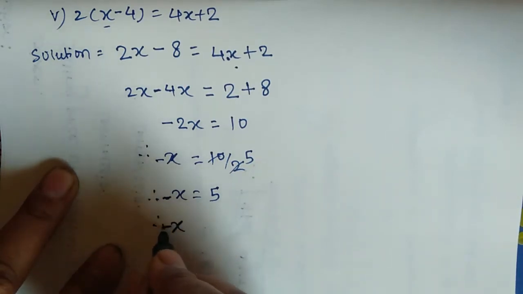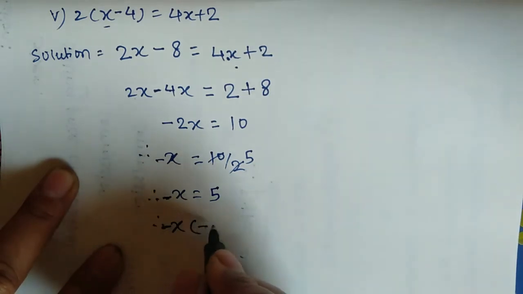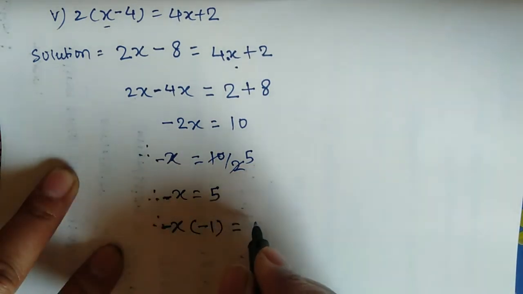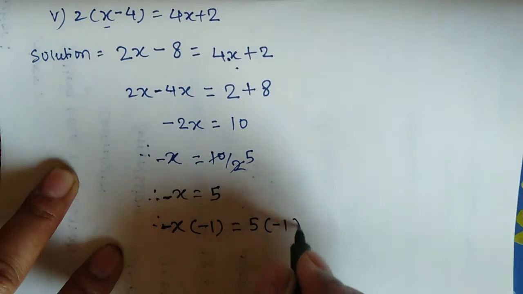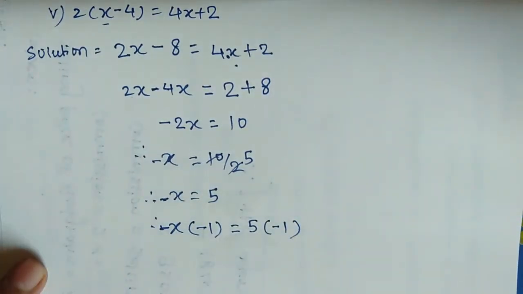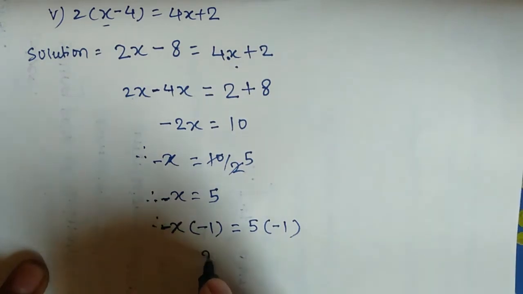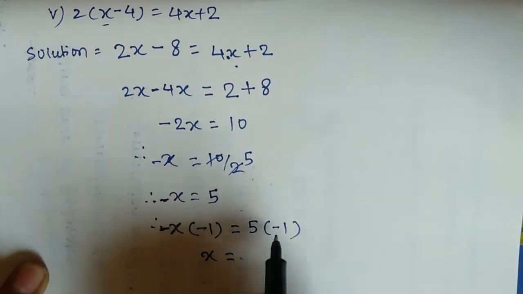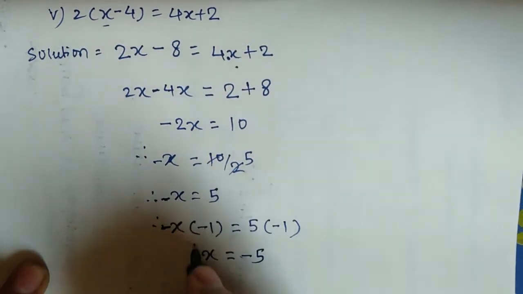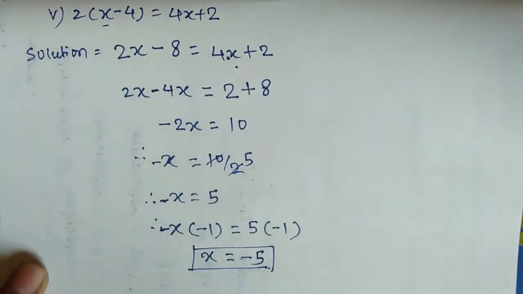So minus x multiplied by minus 1 is equal to 5 multiplied by minus 1. So minus x into minus 1 is positive x, equal to 5 into minus 1 is minus 5, and this is the final answer.